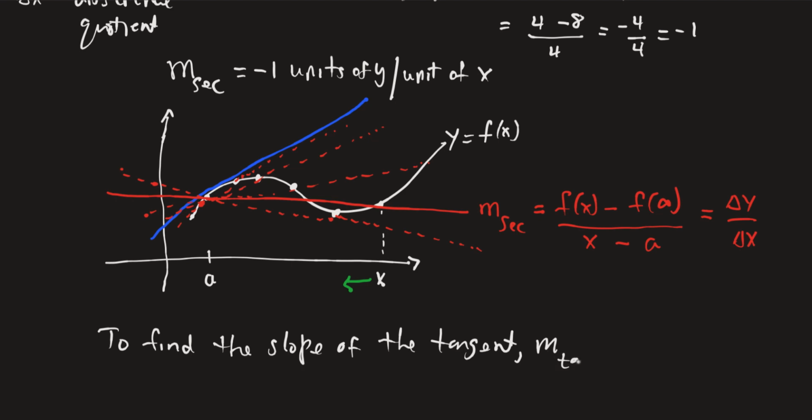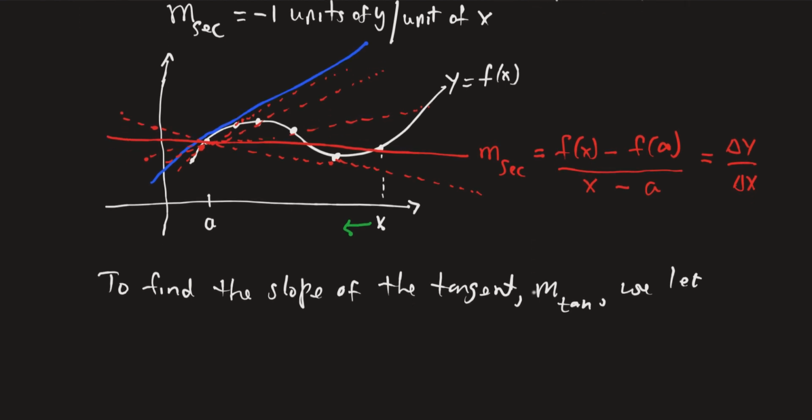I'm going to use TAN for tangent. So to find the slope of the tangent, we let this x value get closer and closer to this fixed number, and we see what happens to this difference quotient.